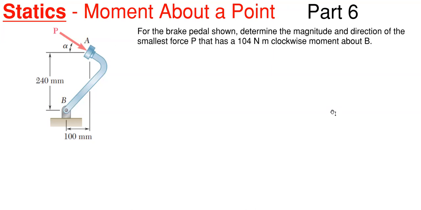So in today's video, we're going to be looking at statics moment about a point, and this will be our sixth part in this particular series. For the bracket pedal shown here on the left, we need to determine the magnitude and the direction of the smallest force P that has a clockwise moment of 104 Newton meters about point B. Since our units are in millimeters, that is 104,000 Newton millimeters of clockwise moment.